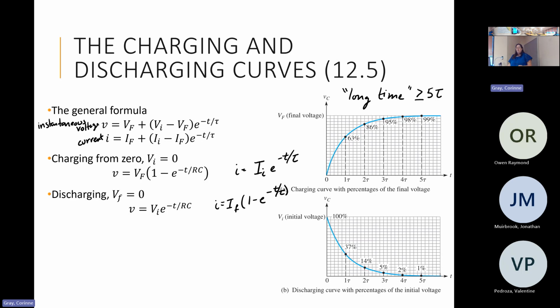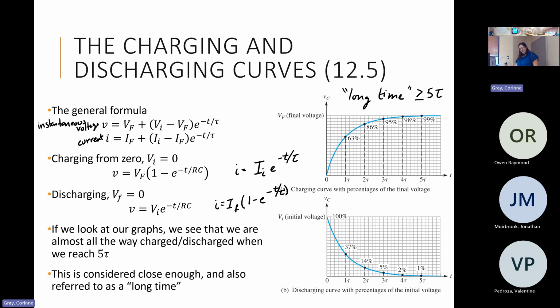Any questions about our equations for charging and discharging parallel plate capacitors? We already talked about that part, but again, long time is t greater than or equal to 5 tau.